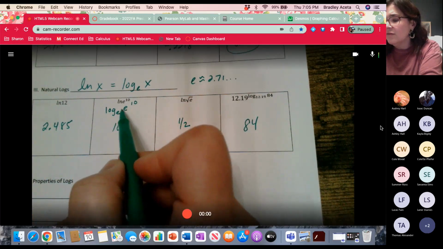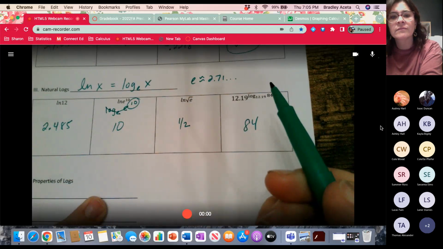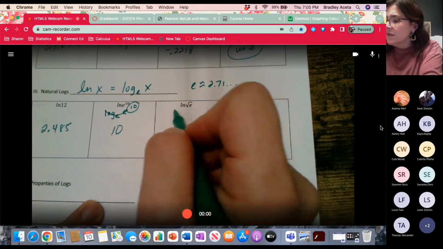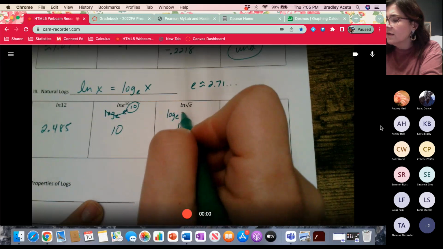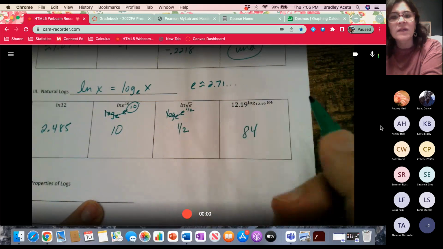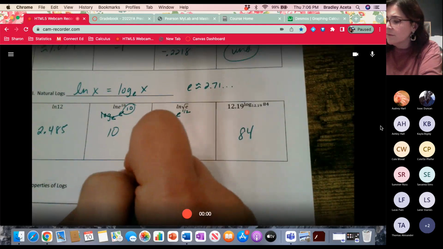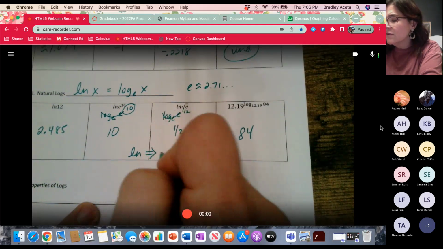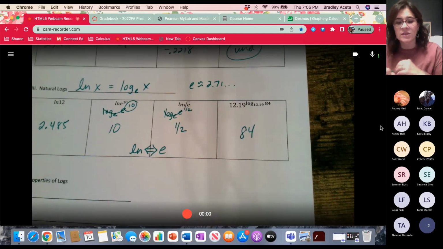Log base e of e was just the 10. Same thing here. I could rewrite this as really log base e of e to the 1/2. Log base e of e cancels. So an ln is actually the inverse of e. They undo each other. They're inverse operations.